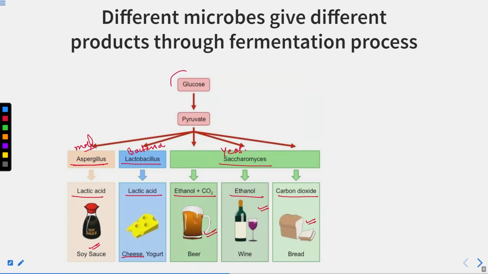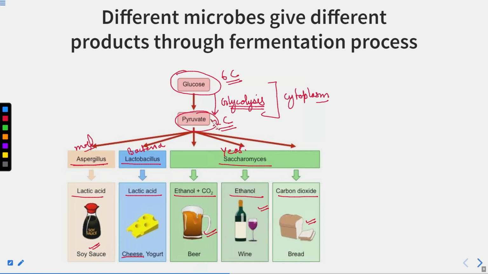Now glucose, by which process? Glycolysis. Glycolysis occurs where? In the cytoplasm. This glucose is a 6 carbon compound and this pyruvate is a 2 carbon compound. Now this pyruvate is present in the cell, and cell means cytoplasm.